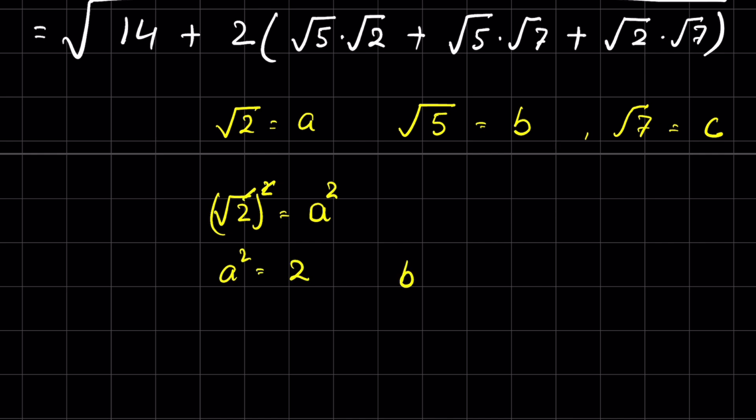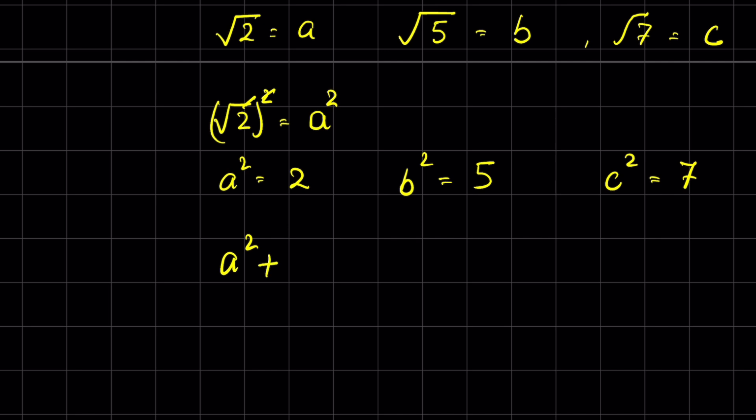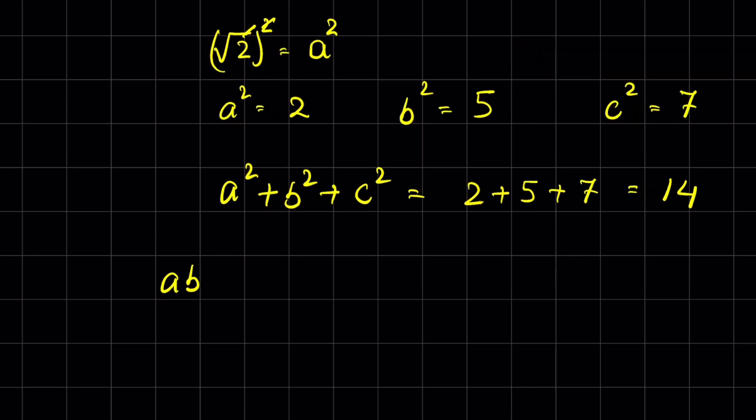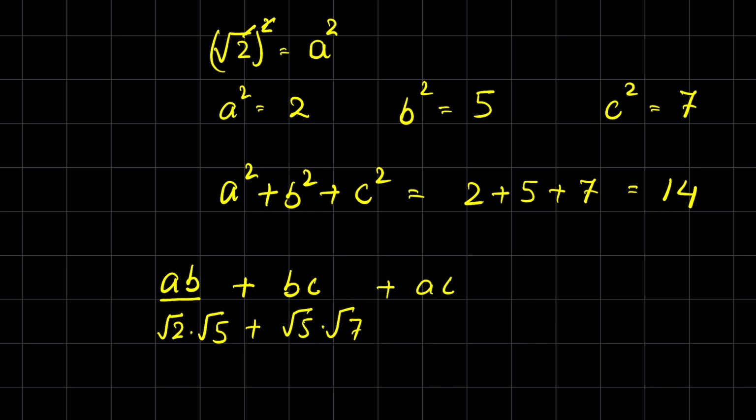Similarly, b square will be 5 and c square will be 7, and when we add a square plus b square plus c square, it is equal to 2 plus 5 plus 7, which is 14. And ab is square root of 2 times square root of 5, bc is square root of 5 times square root of 7, and ac is square root of 2 times square root of 7.